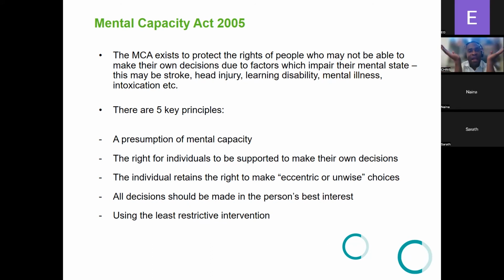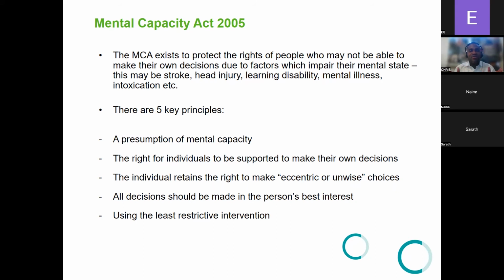When we are helping to make decisions for them or on their behalf, we have to use the least restrictive intervention. What it means is that it shouldn't be very strict interventions. There should be room for flexibility, because a number of factors need to be considered.